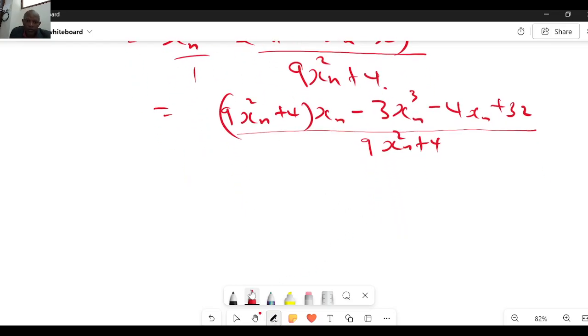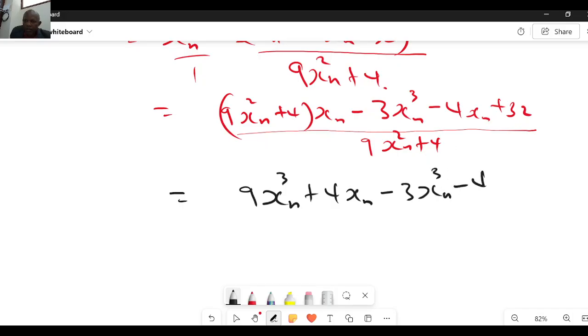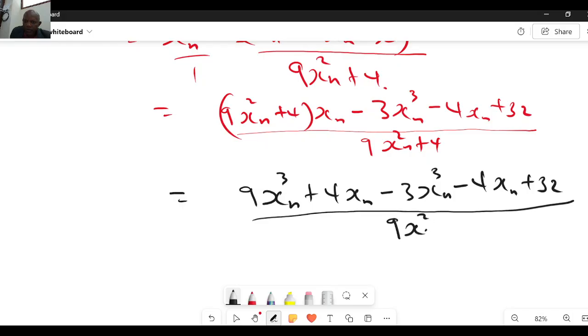Okay, so you have this equation. This is the same as 9xn³ plus 4xn minus 3xn³ minus 4xn plus 32, the whole of that divided by 9xn² plus 4.